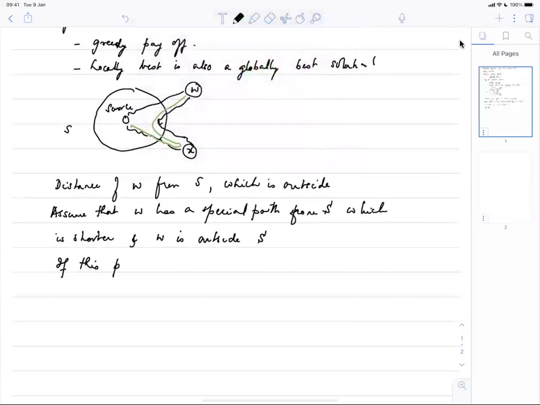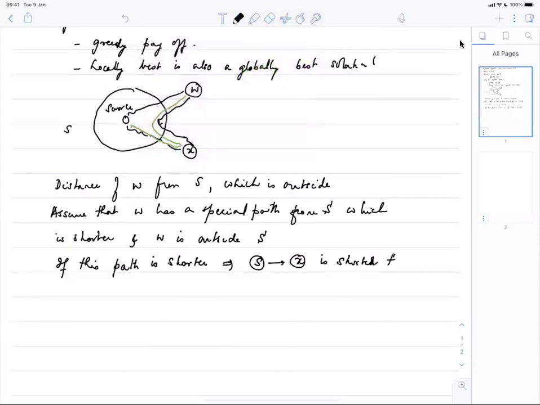If this path is shorter, this implies S to X is shorter than S to W. Remember, all distances are positive, right?